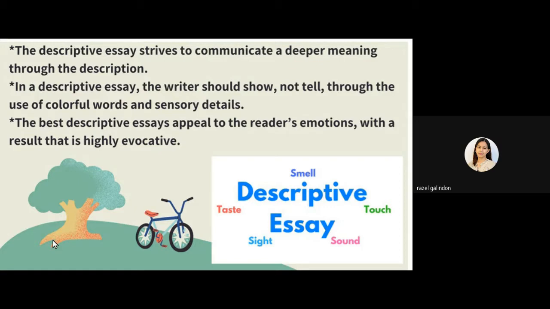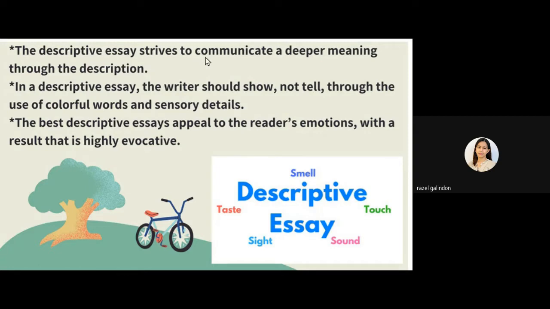Kaya the writer should show, the reader should visualize or imagine or use his or her imagination to understand what the writer of descriptive essay is telling in the story or in the essay or in the paragraph. Okay? So the best descriptive essay appeals to the reader's emotion with the result that it is highly evocative. So when we say evocative, brings strong emotion, brings strong images. Okay?